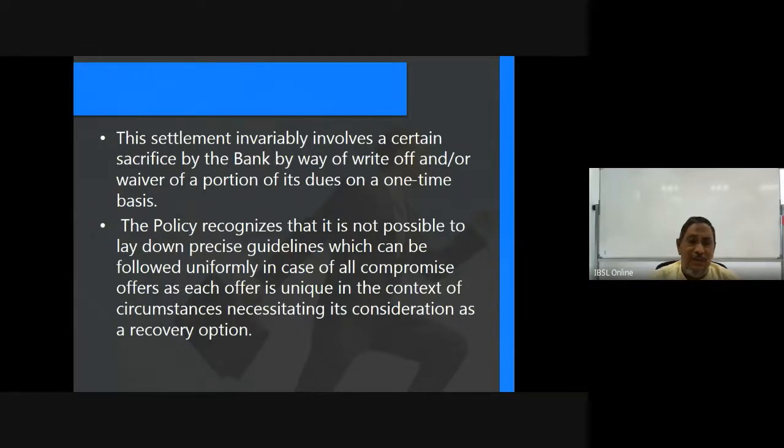Some companies tried business turnarounds, diverting the business to other operations. I'll take only one case, because of time, to understand this.